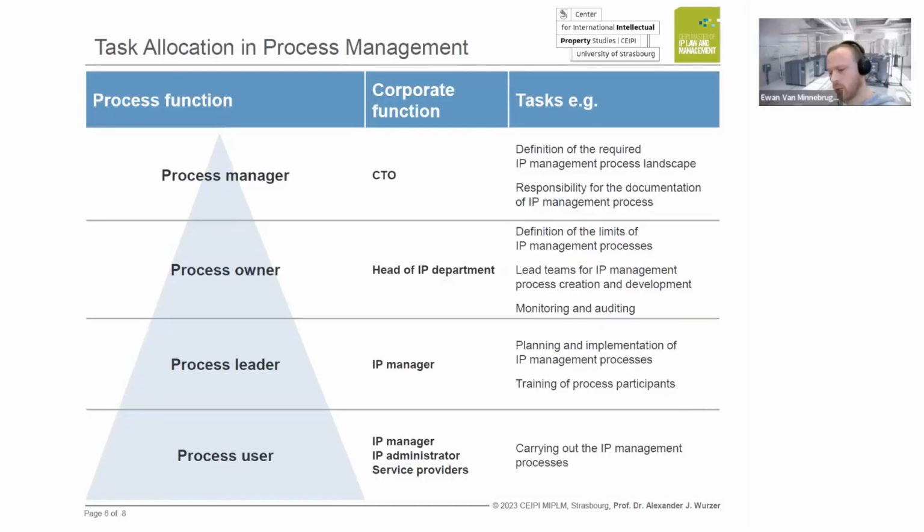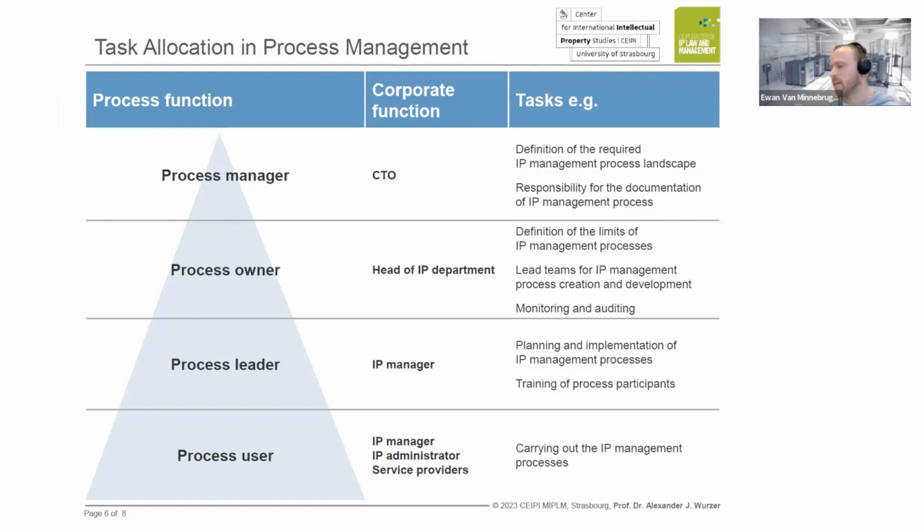Thank you. So now that we've seen the IP management processes, the next question is to assign the related functions to typical functions in a company. If you look at this slide on the left-hand side, you will see the process functions: a process manager, a process owner, a process leader, and a process user.